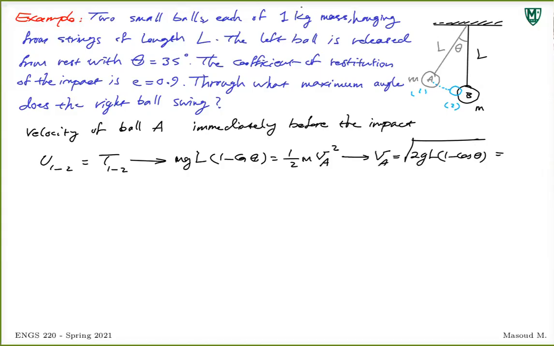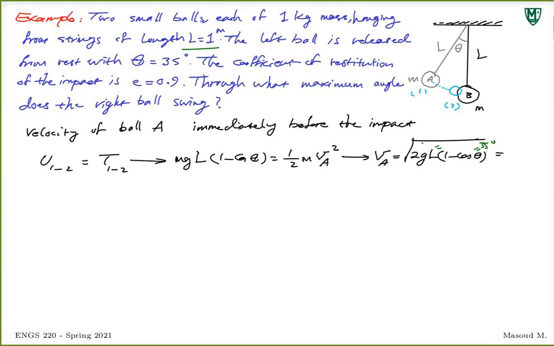If you plug in the values, you know theta is 35 degrees. g is g. L is given somewhere, I forgot to put it there. L is equal to 1 meter. Just fix that in the problem. I forgot to put it.